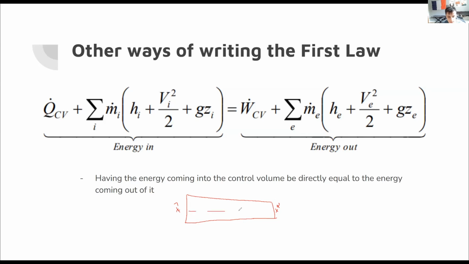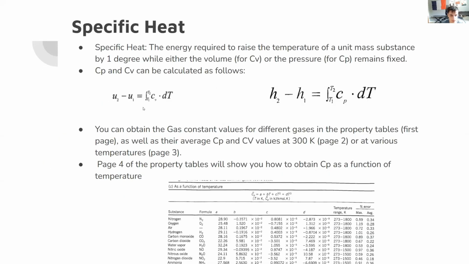There's no change in height, so we don't really care. These two cancel out anyway. And then specific enthalpy, just like we saw in the previous exercise, can be found using this equation, CP instead of CV.